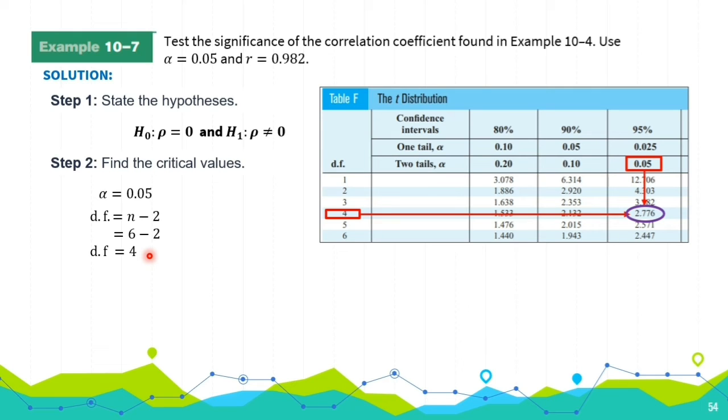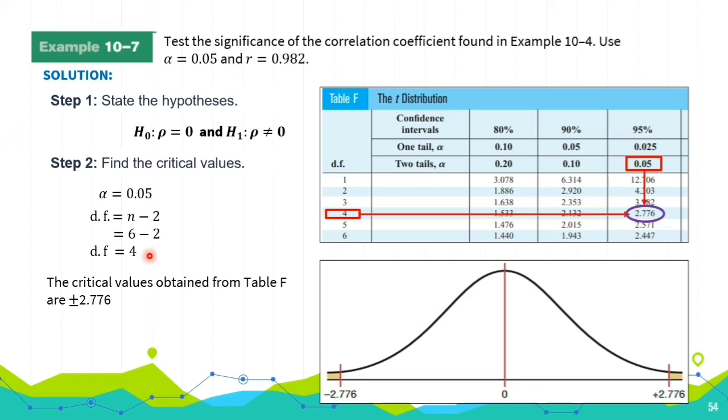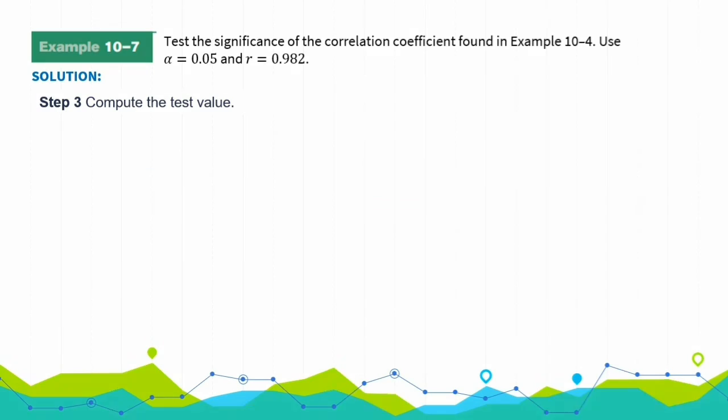And again, it is two-tailed, so we have the critical values positive and negative 2.776. And in this figure, we have the critical region, the negative 2.776 and the positive 2.776.